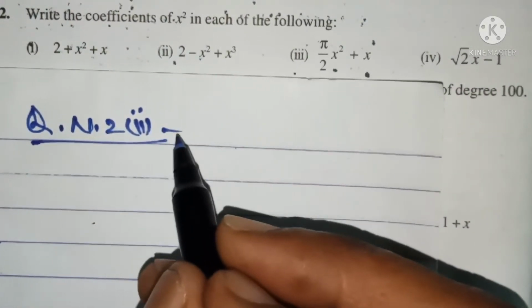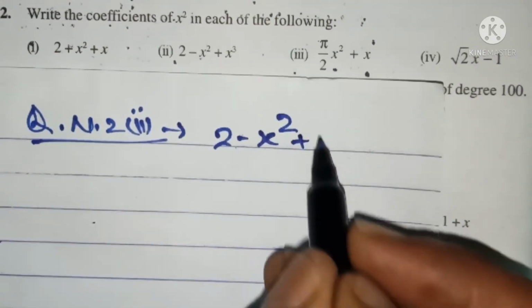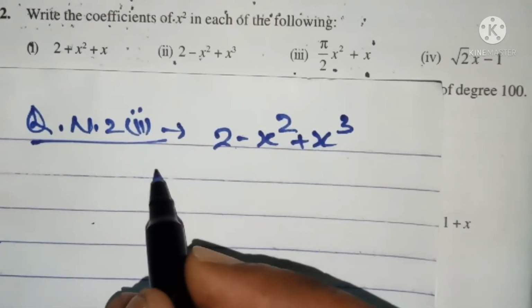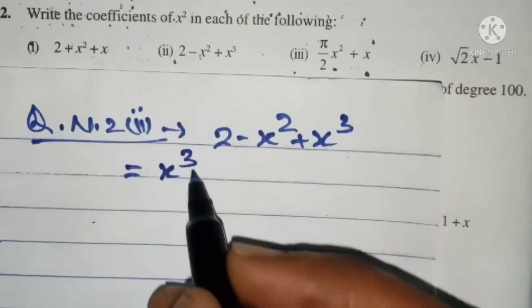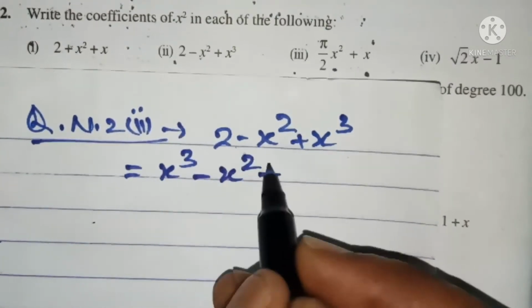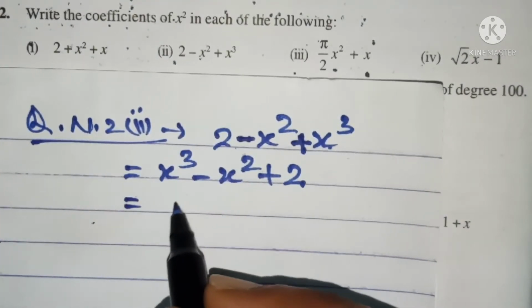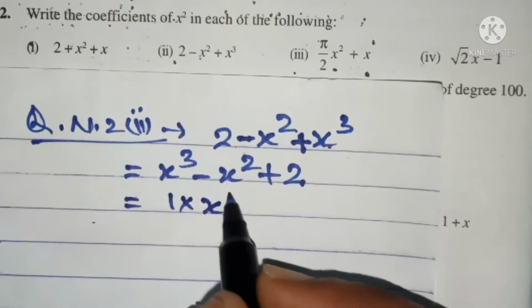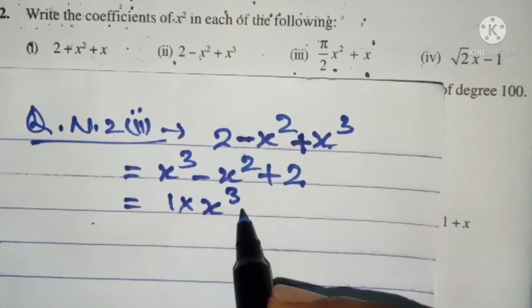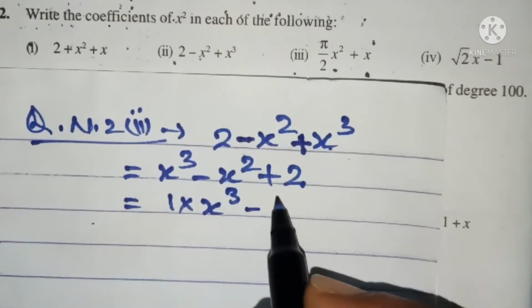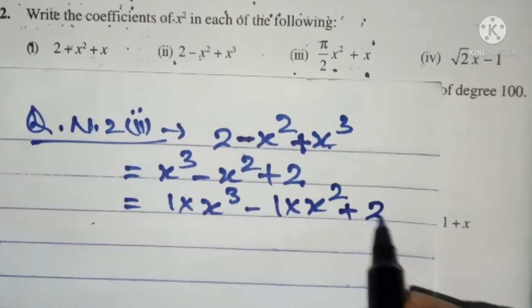Question number 2, second part. We are given 2 minus x square plus x to the power 3. We can write it as x to the power 3 minus x square plus 2. Here again we can simplify this as 1 into x to the power 3 minus 1 into x square plus 2.